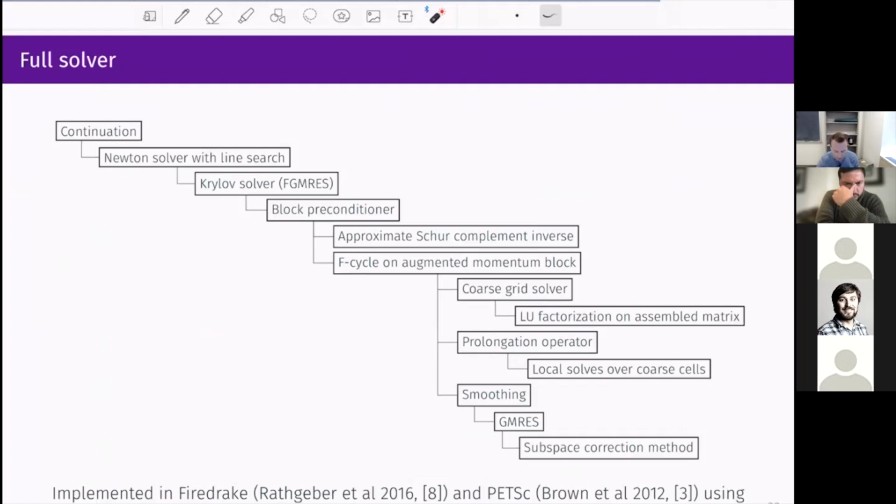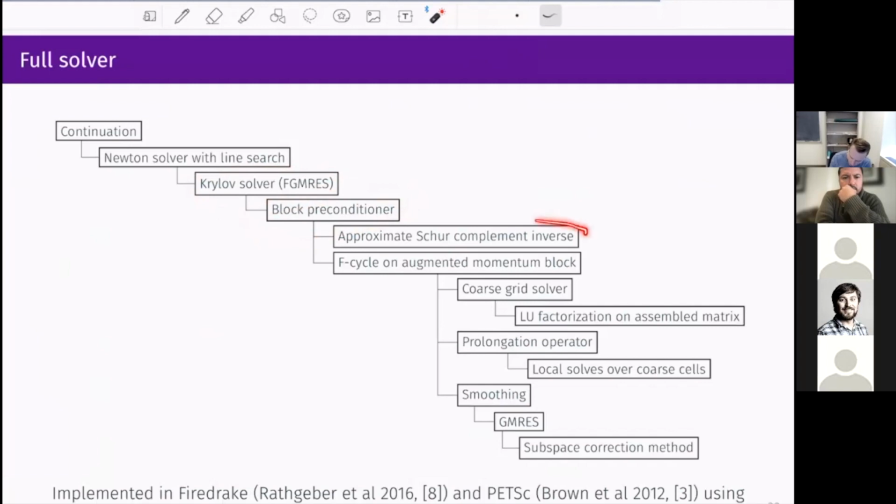So the full solver is, we have continuation on the outside, which means that we start with a small Reynolds number, we solve, we increase the Reynolds number a little bit, we solve again, we increase the Reynolds number a little bit. Each of the nonlinear systems is solved using Newton. The linear system is solved using flexible GMRES. And then we have this block preconditioner that I explained at the very beginning.